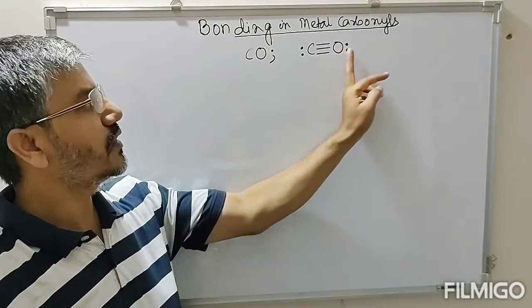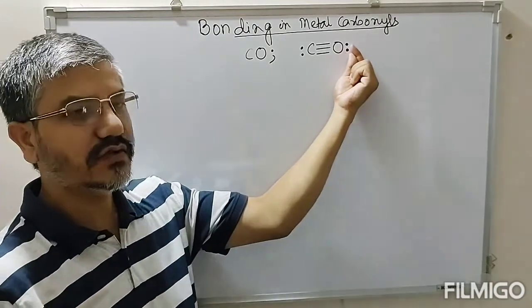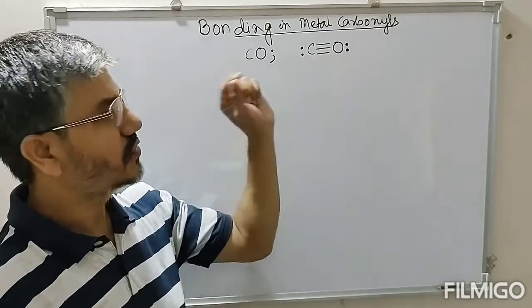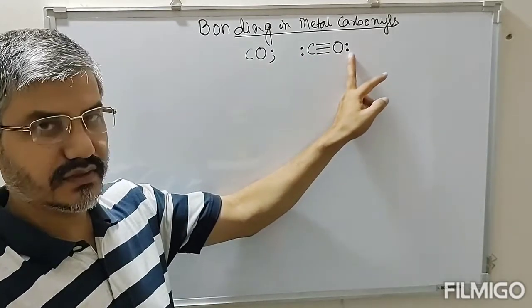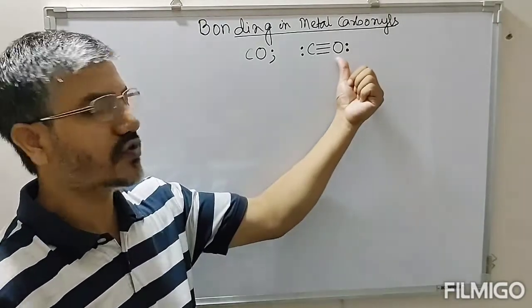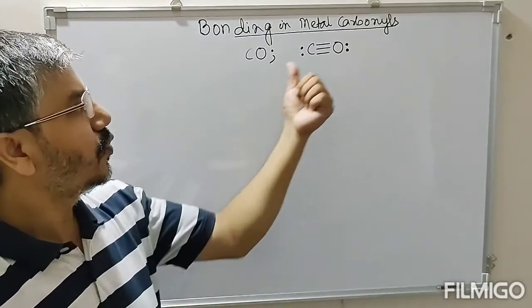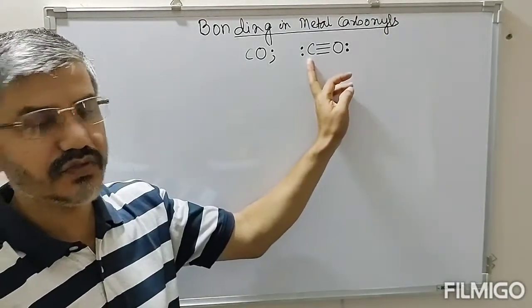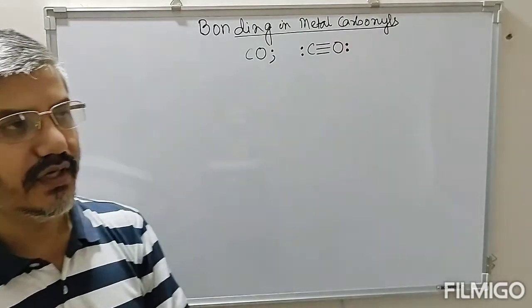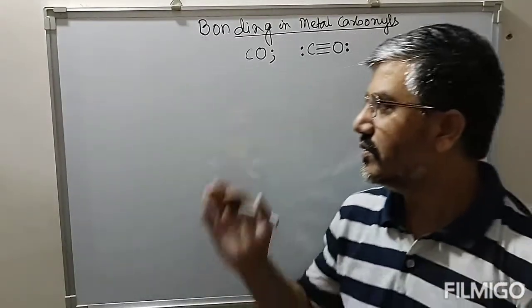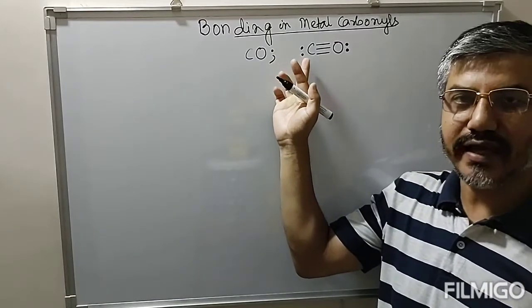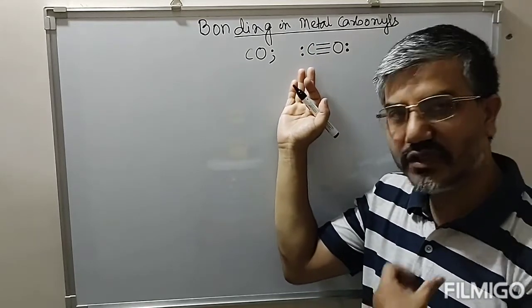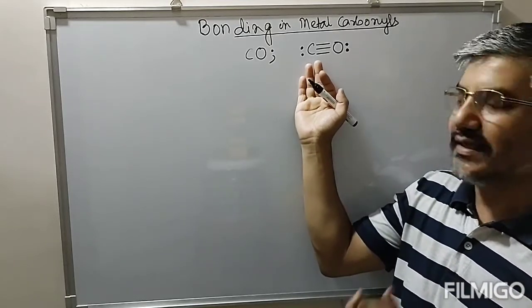So the lone pair of electrons on oxygen is held more tightly, whereas the lone pair on carbon is held less tightly because carbon is less electronegative.